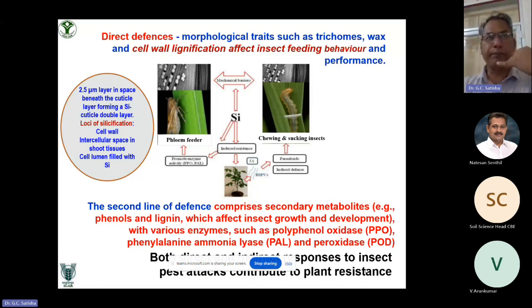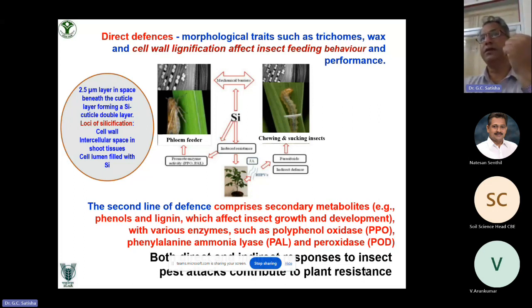Whatever the external pest, either a sucking pest, aphids or other pests, certain pests like chewing and sucking pests usually have single or variable mandibles. When they come to the crop, they will only make cracks and scratches.